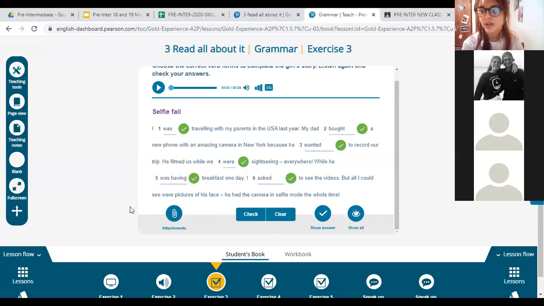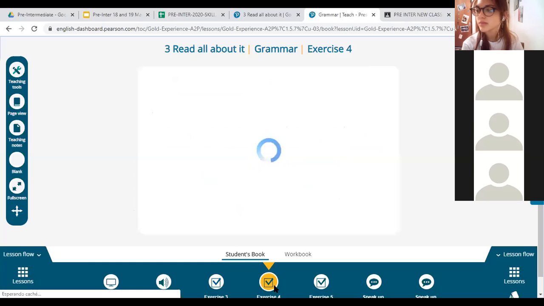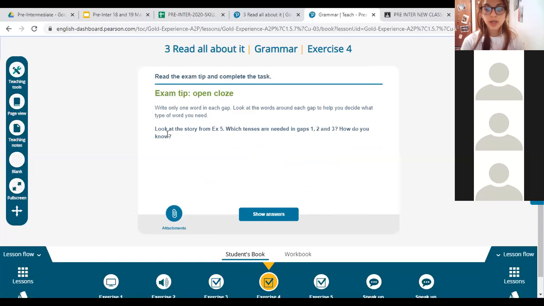Okay, are you ready? Now we are going to do an exercise that I think is the first time you have done it. It's called open cloze.